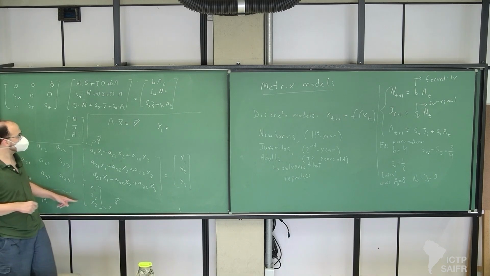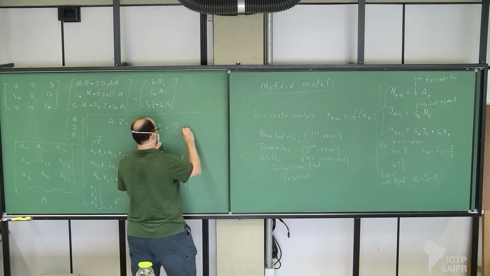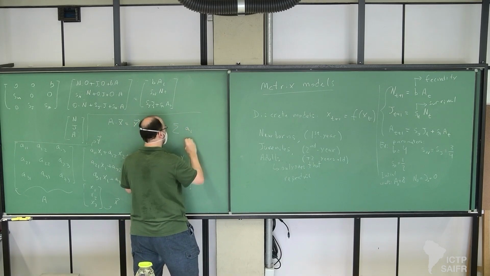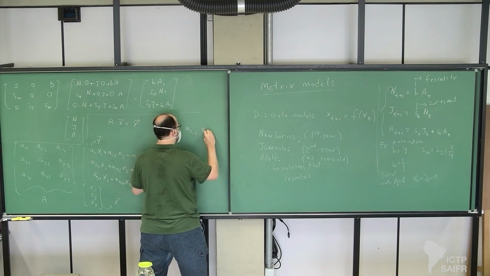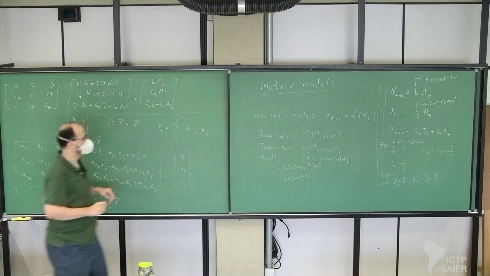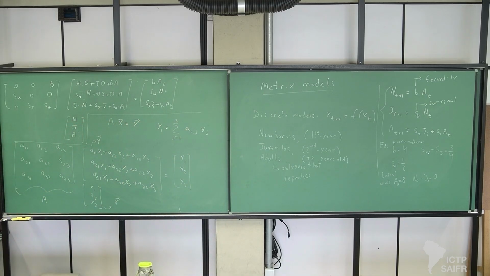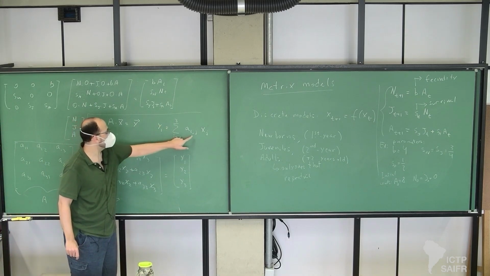So what is y1, right? It's the sum of A1j times xj, with j going from 1 to 3. Yeah? So this is a summation here where j takes the values 1 to 3.